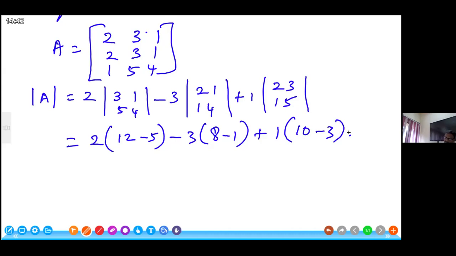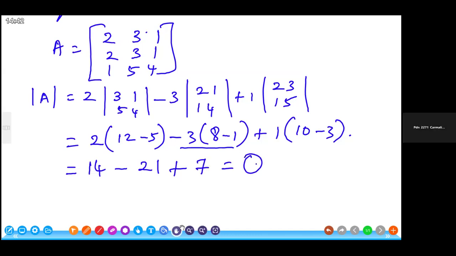So that is equal to 14 minus 21 plus 7, which is equal to 0.